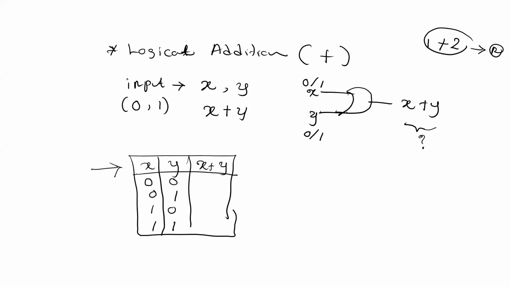Because we have only 2 inputs. With 2 inputs, we can have 4 different patterns, and for each and every pattern, the output should be a unique one. So in this case, the output is generated like this: when x and y both are 0, the output is 0. When x is 0 and y is 1, the output is 1. And when x is 1 and y is 0, again 1, and 1 and 1, 1.